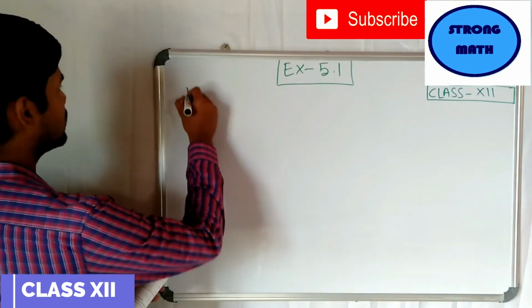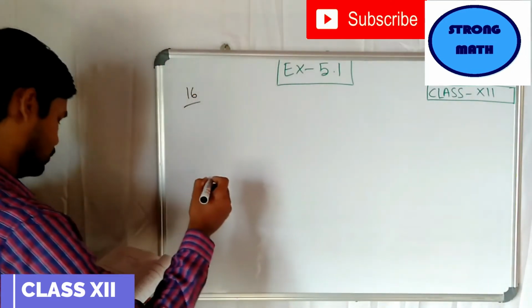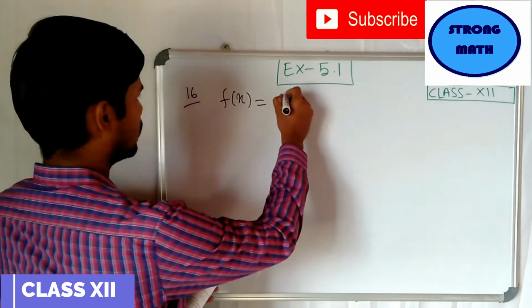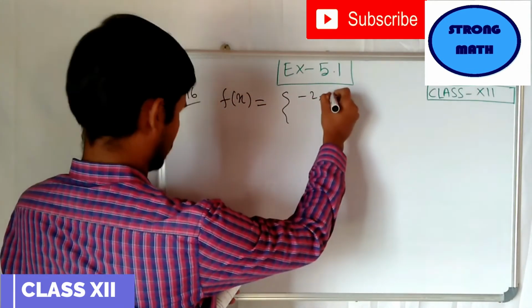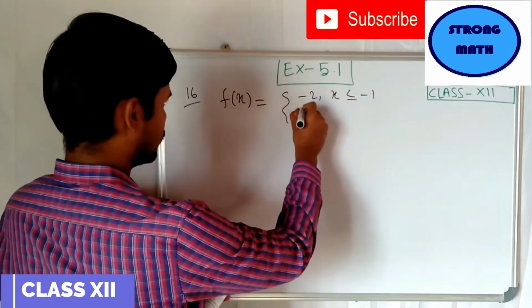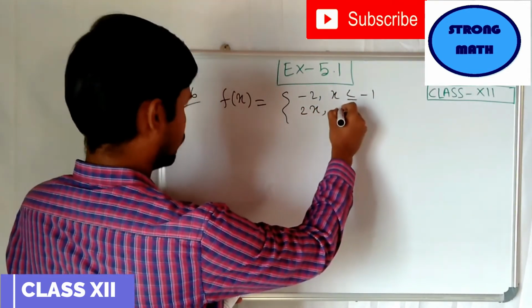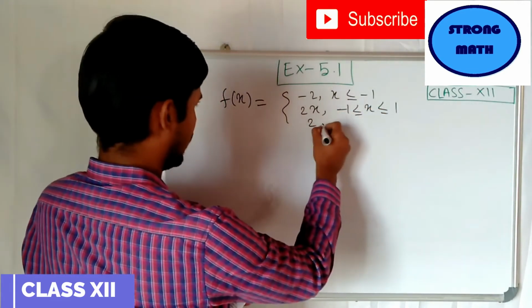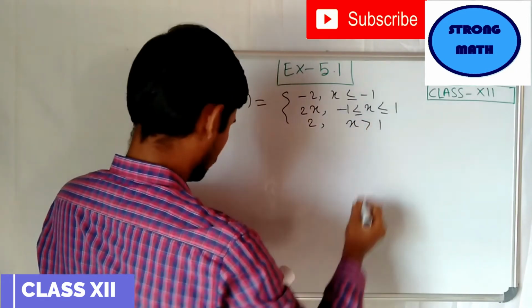Okay, so today we'll resume our class from question number 16, exercise 5.1. Here f x is given by -2 if x is less than or equal to -1, 2x if -1 is less than or equal to x less than or equal to 1, and 2 if x is greater than 1.